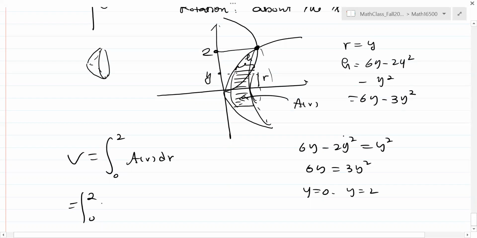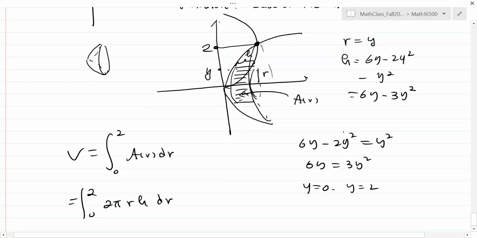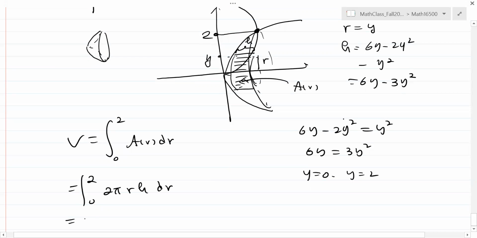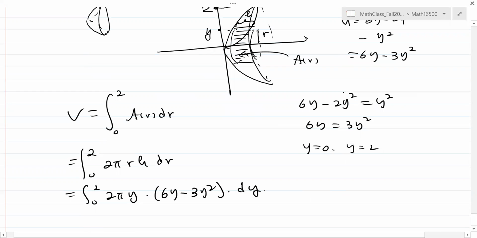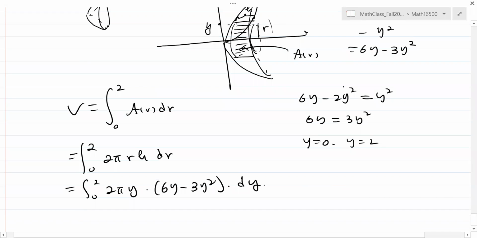Then it's 2 pi r h dr. Now, if you use r to be y value, then it's 2 pi y times (6y minus 3y squared) dy. Because r is going to be y, you can use the y variable. So this is an integral for the volume of the solid.